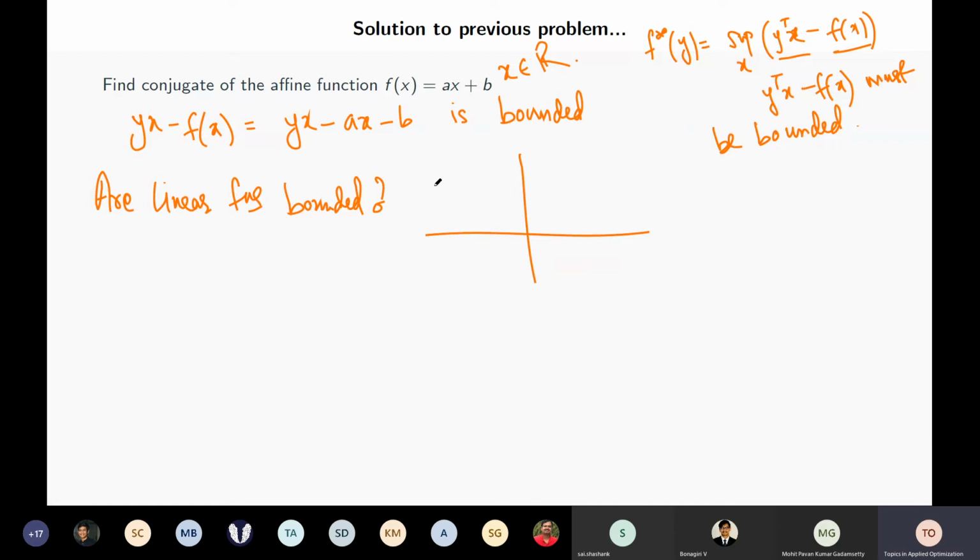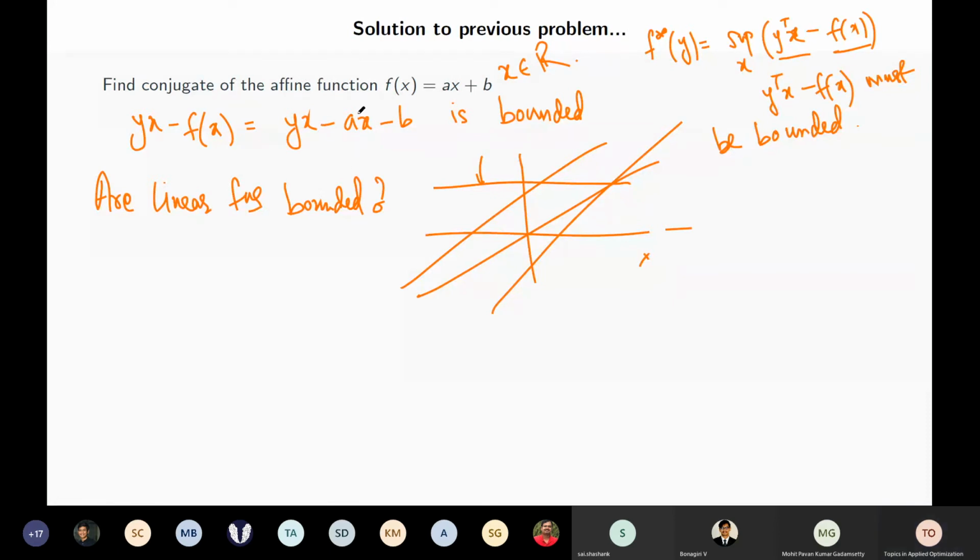Any linear function you see, sloping like this or like this, that is not constant, will go up to infinity, so it will be unbounded in either direction if we allow it to go either way. Only the constant functions are going to be bounded.